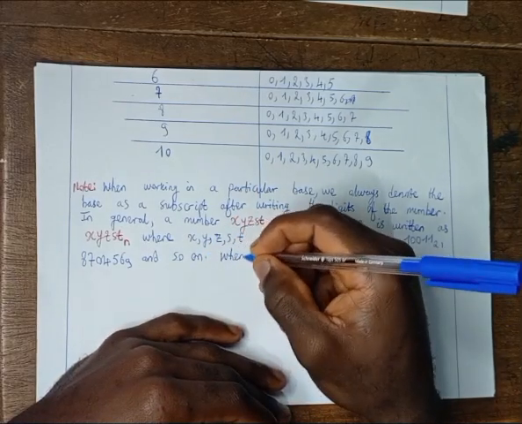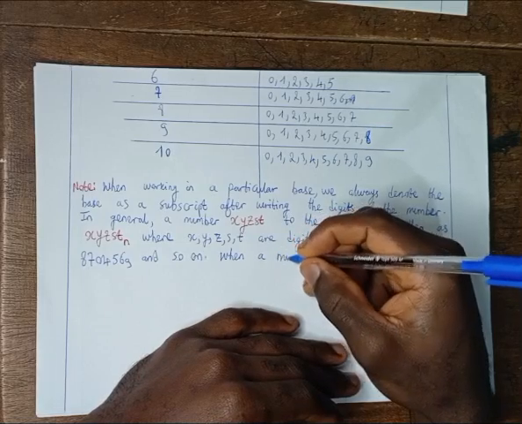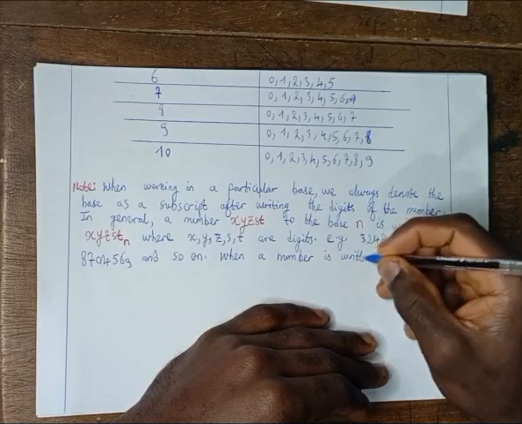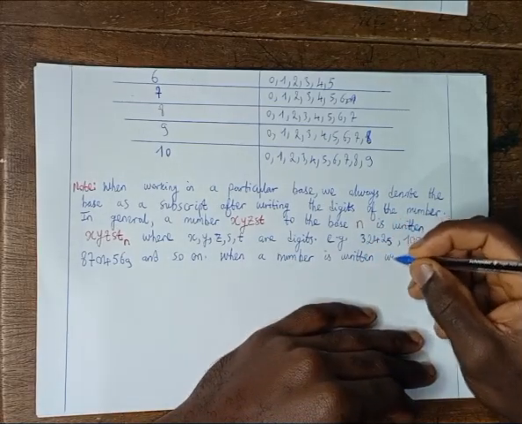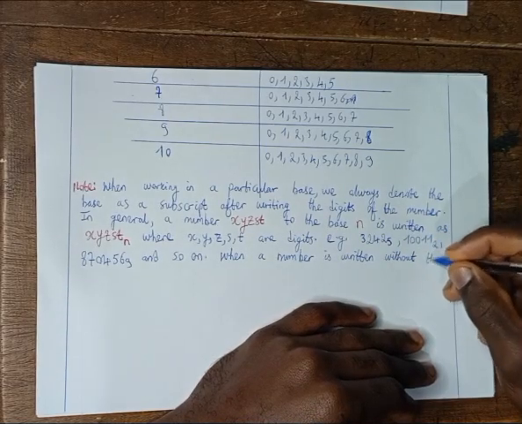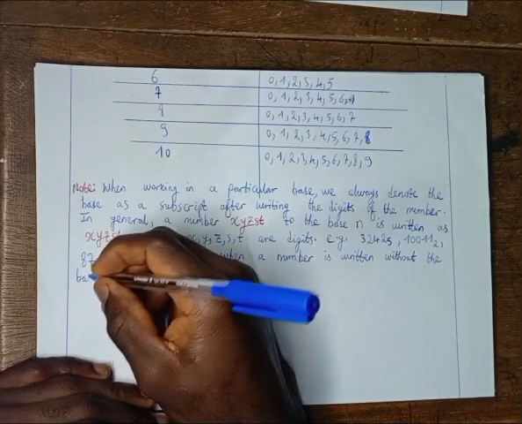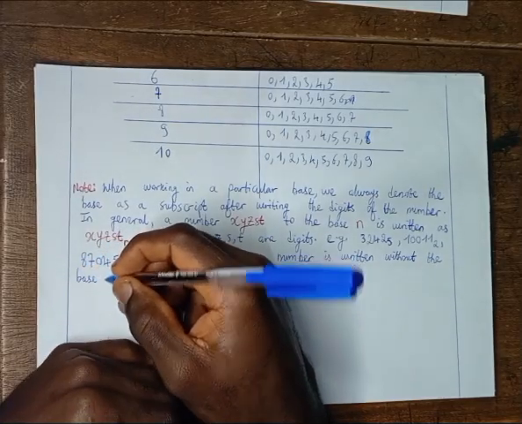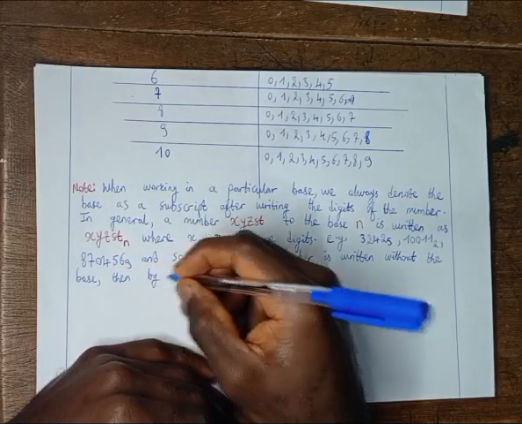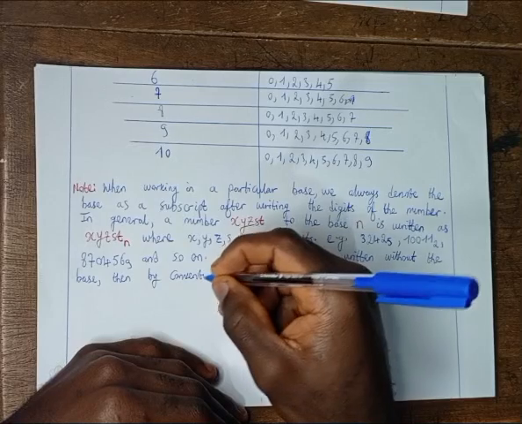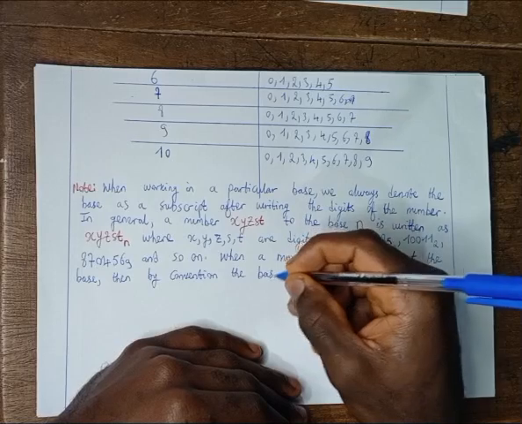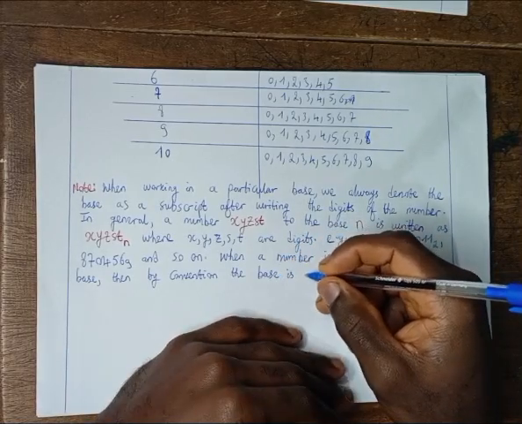Next, when a number is written without a base, then by convention, the base is 10.